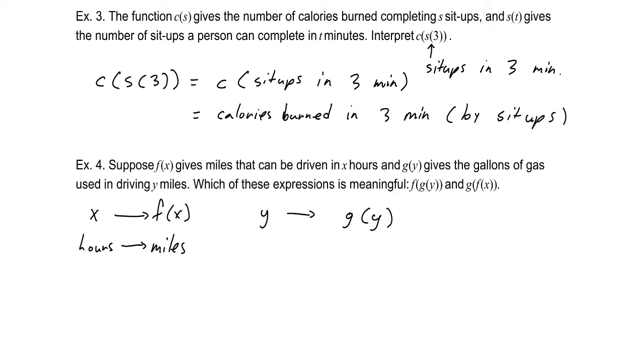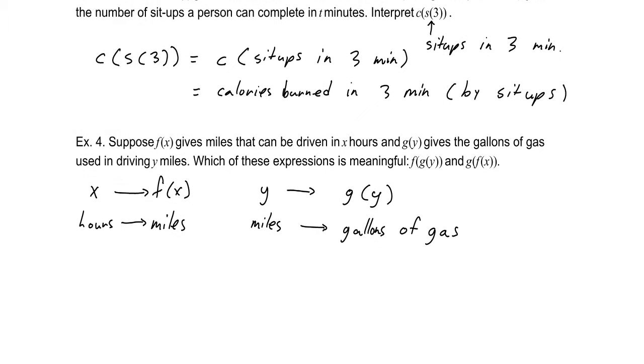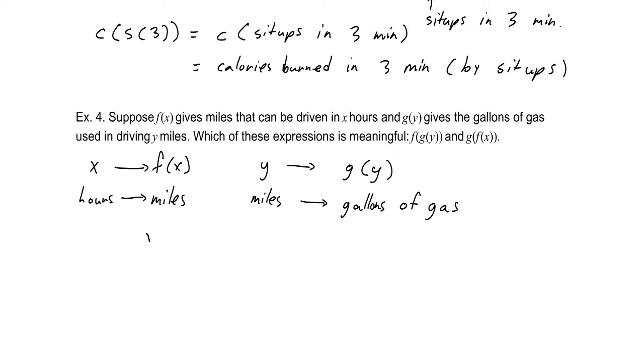y is the number of miles, and g of y is gallons of gas. Tying these two together, f of g of y is going to take gallons of gas as an input, so gallons to miles.